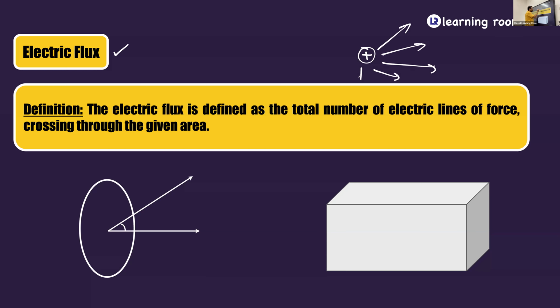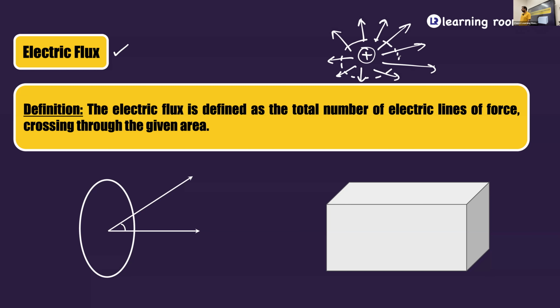These are the field lines. When you take these field lines, you're able to see that it is more crowded near the charge, and as you move away from the charge, you can see that the distance between them is increasing.